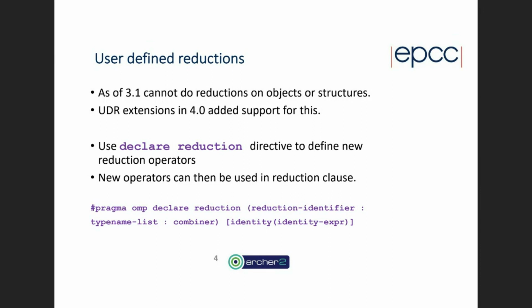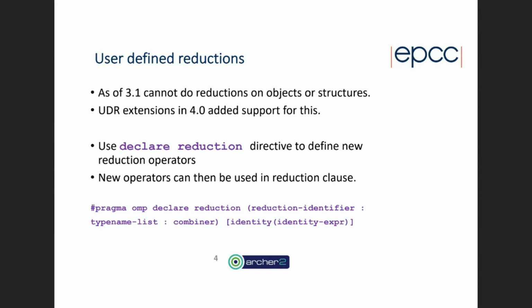So the user-defined reduction extensions in 4.0 added support for basically doing reductions on whatever you want. The way this works is there's a declare reduction directive to define your own new reduction operators, and then you can use those in a reduction clause like you would normally do.